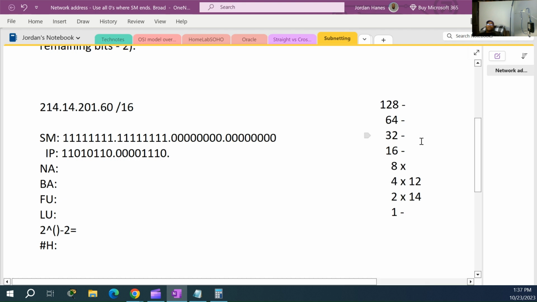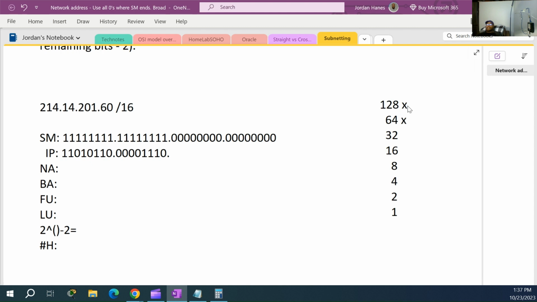And 201, we'll work on that one next. So the binary representation of 201: we're going to include the 128, and that'll give us 128. We're going to include 64 because 128 plus 64 is definitely less than 201. In fact, that's 192.